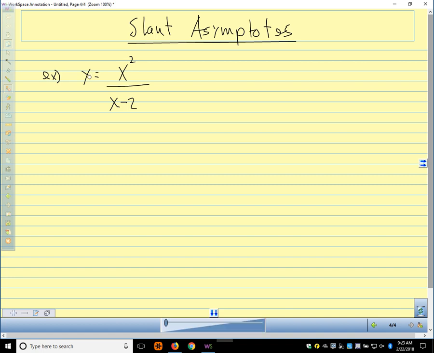So if we use our horizontal asymptote rules, we would say, well, the degree of the numerator is bigger. It does not have a horizontal asymptote. I'm going to say no HA. But the degree of the numerator is 1 more than the degree of the denominator.